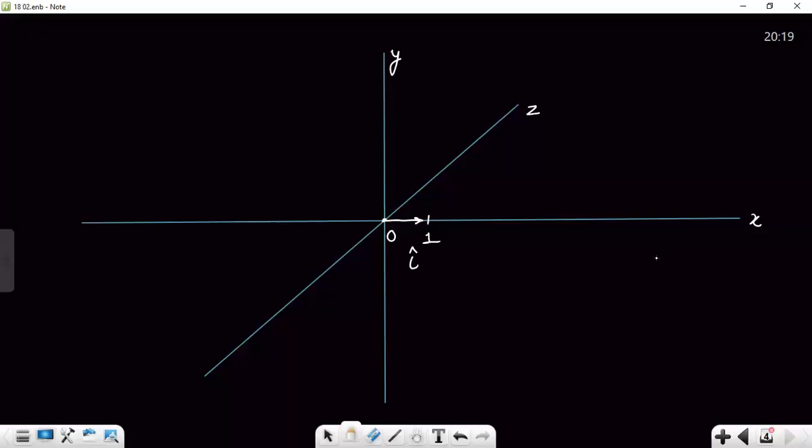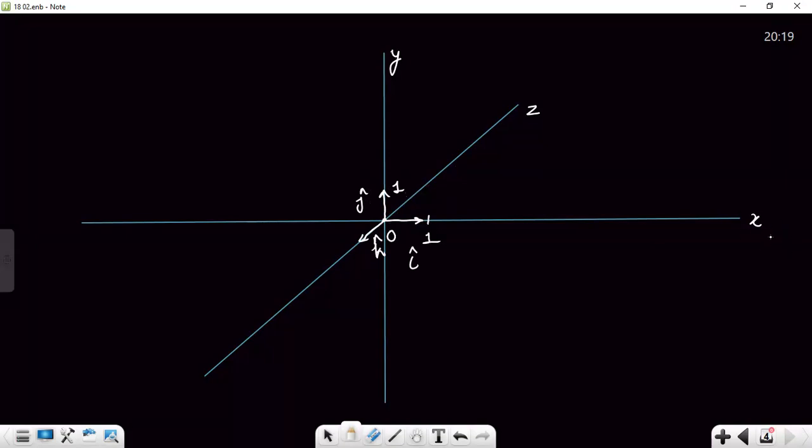If I move in positive y direction to the +1, then I call it j cap. If I have to move in z direction, that is this, call it as k cap.